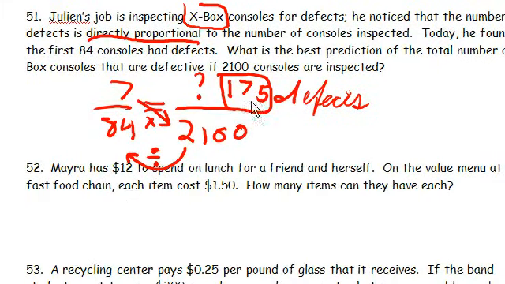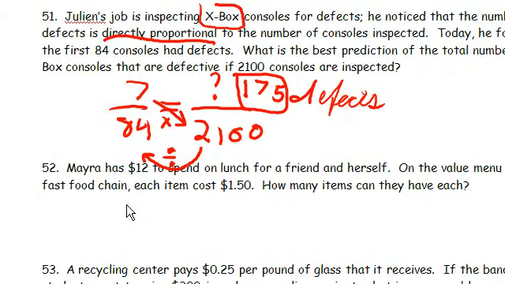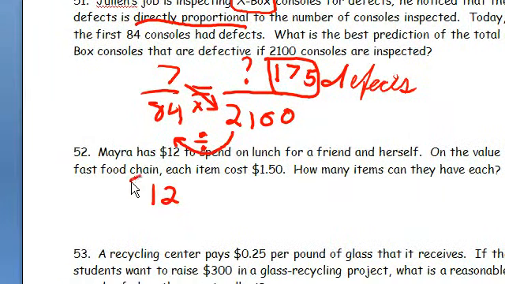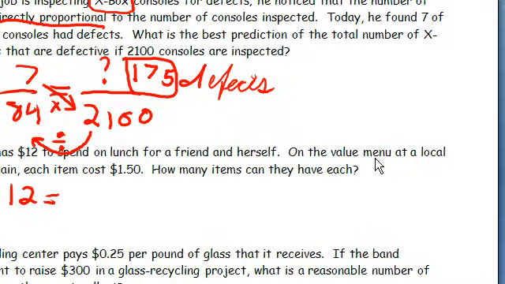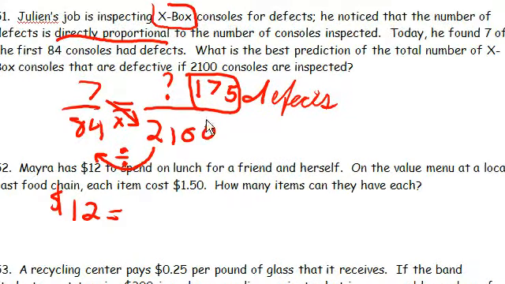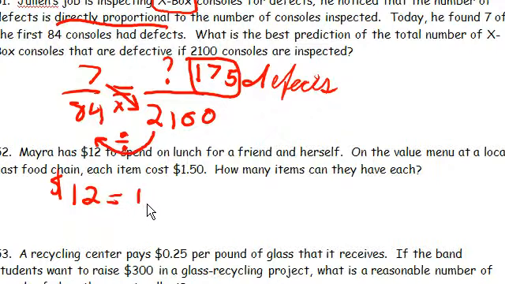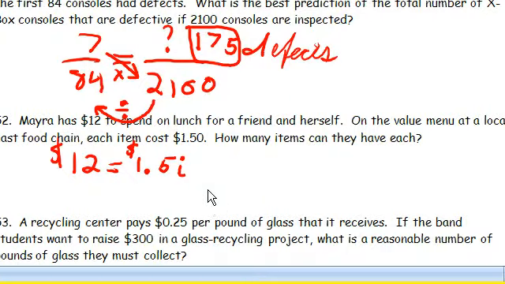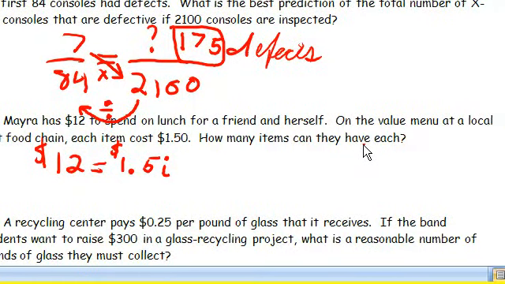Alright, 52. Myra has $12 to spend on lunch for her friend and herself. On the value menu at a local fast food chain, each item costs $1.50. So per item, I'll call it I. So how many items can they have each?